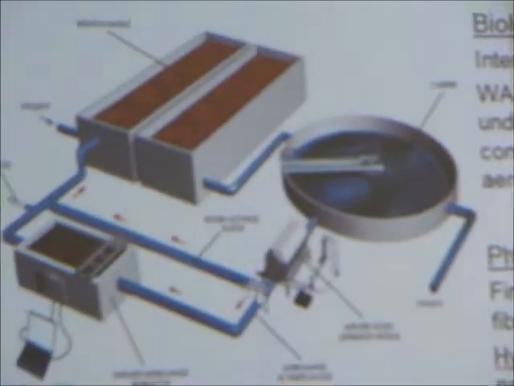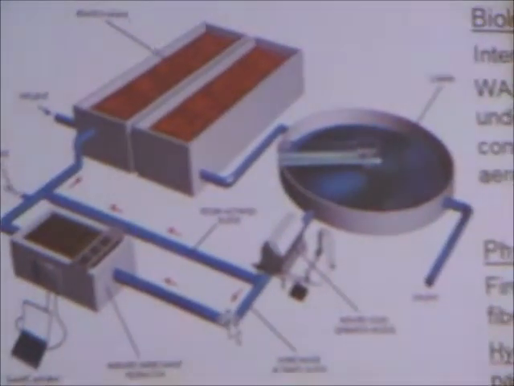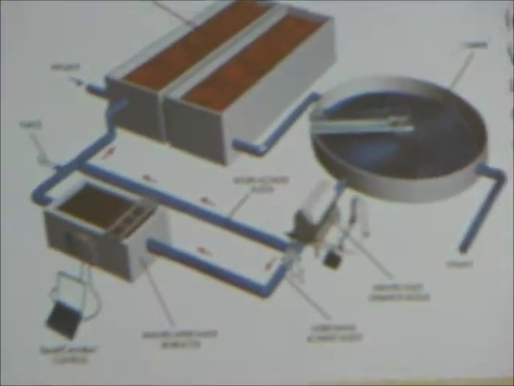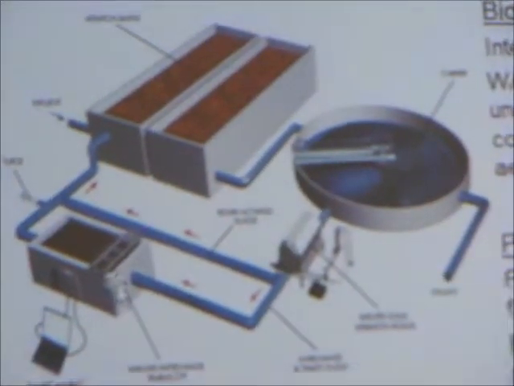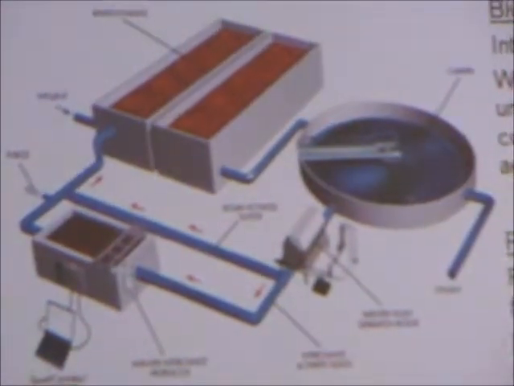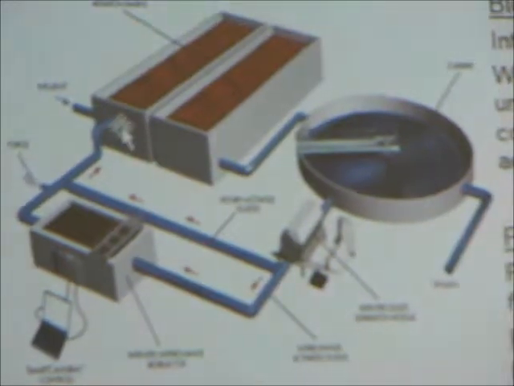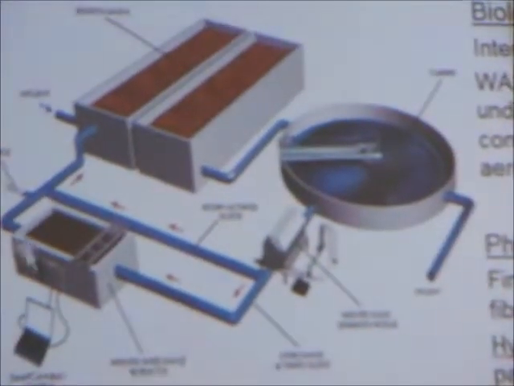The difference in the cannibal treatment process is you're taking some of that return activated sludge and you're putting it into an anaerobic tank, and it's going to stay in that anaerobic tank for a minimum of 10 days, and then you're going to cycle it back through into your aeration system. So it's just another loop in the process.